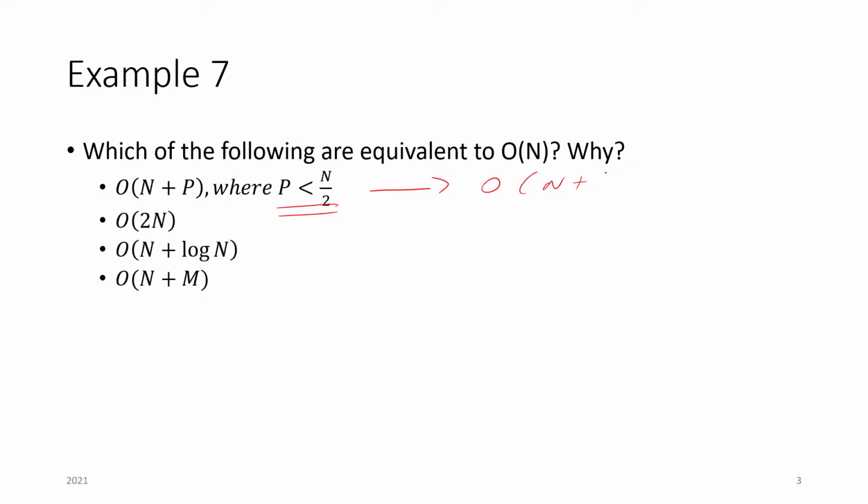So this can be O of n by n divided by 2 if we take the uppermost limit of p, because we have some mapping in between p and n. And because of this relationship, we drop the non-dominant term. So this non-dominant term will get dropped, and this would just become O of n.